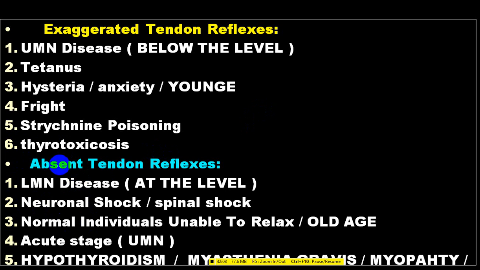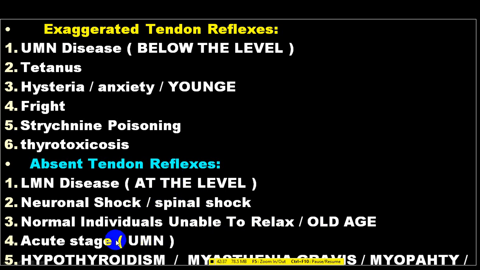Also in acute spinal shock and neurogenic shock, all tendon reflexes will be absent temporarily, and later on they will be brisk and exaggerated once the tone increases. In a normal individual, if your technique is wrong, or in an old person or a person who has flabby muscles, the jerk will be difficult to elicit.